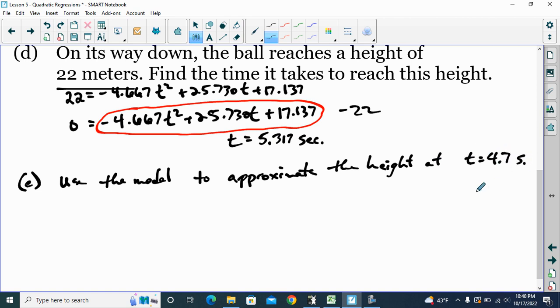And again, let's be accurate to 3 decimal points. Maybe approximate's not the best word there. So we want to plug in 4.7 for time.